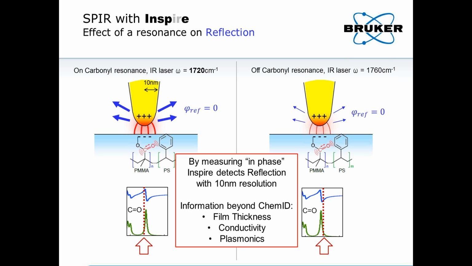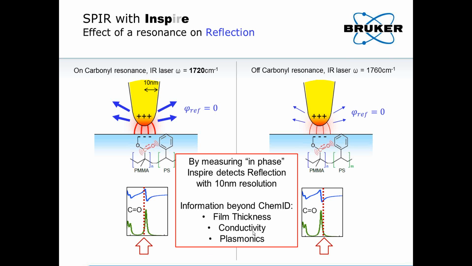The absorption channel is 0 if you're away from the resonance. However, the reflection channel almost always shows you something. So although it is perhaps less specific, it is still useful for some applications. It is useful for extracting information beyond chemical identification. You can measure film thickness.